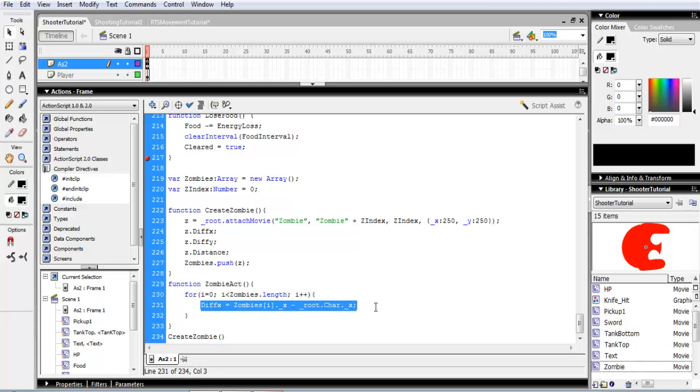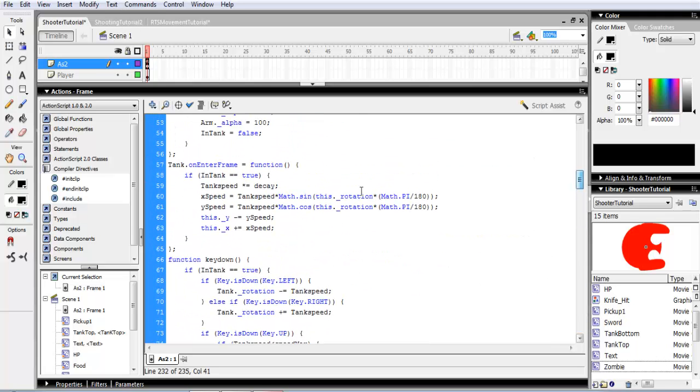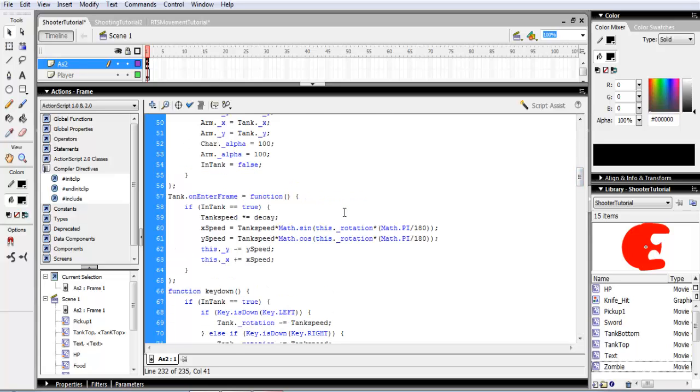This basically is a bit of Pythagoras' theorem, I think. We've done this in the shooter before. That's how we found the distance.